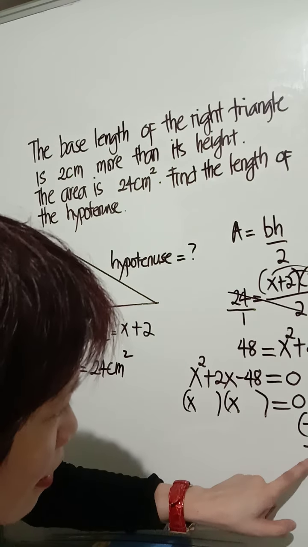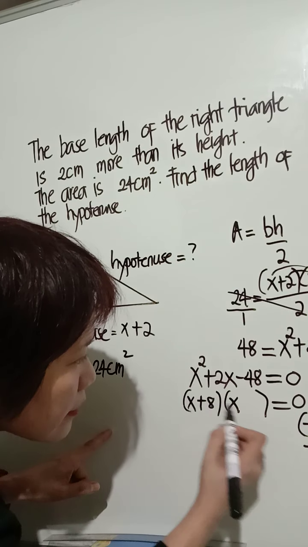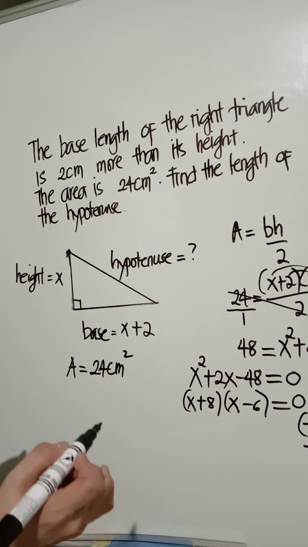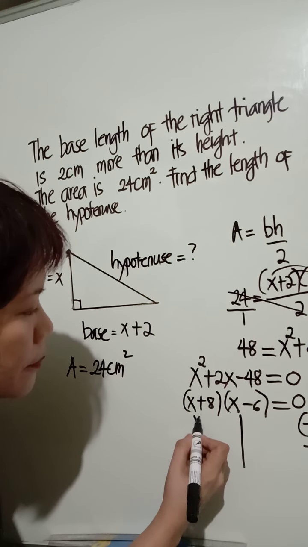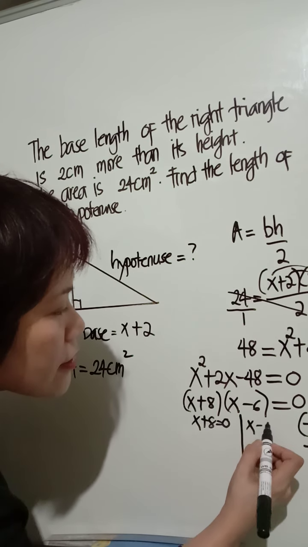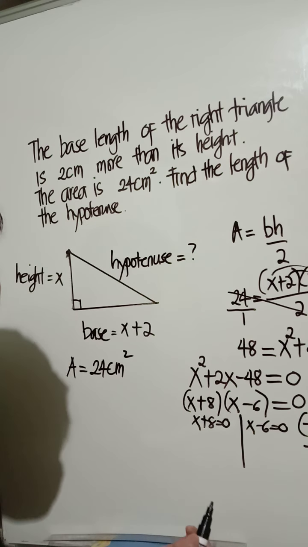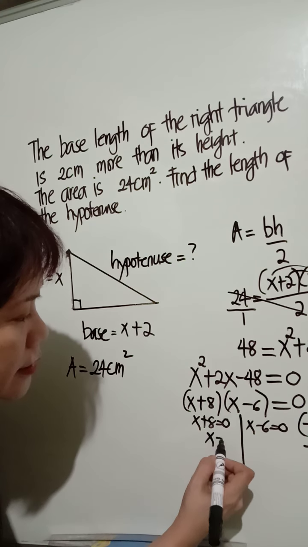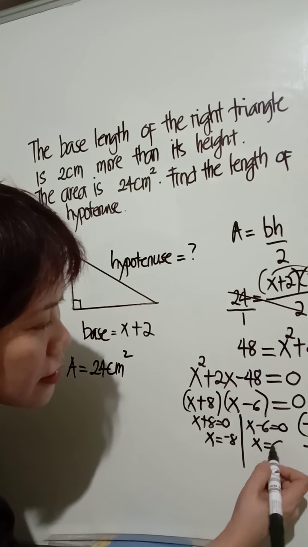The factors are positive 8 and negative 6. So let's apply the zero product property. x plus 8 is equal to 0, and x minus 6 is equal to 0. And let's use the shortcut, the transposition method. So x is equal to negative 8 and x is equal to 6.